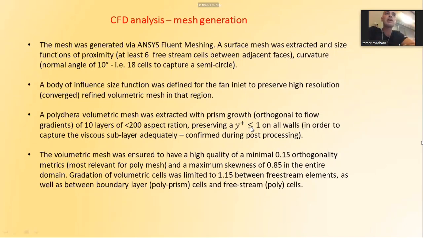I'm writing it, it looks like Chinese for most of you, but it's important. And we had more than 10 layers with an aspect ratio which is big, because the first cell away from the wall is really, really small, but it's long. So the aspect ratio is big, but it's no problem.